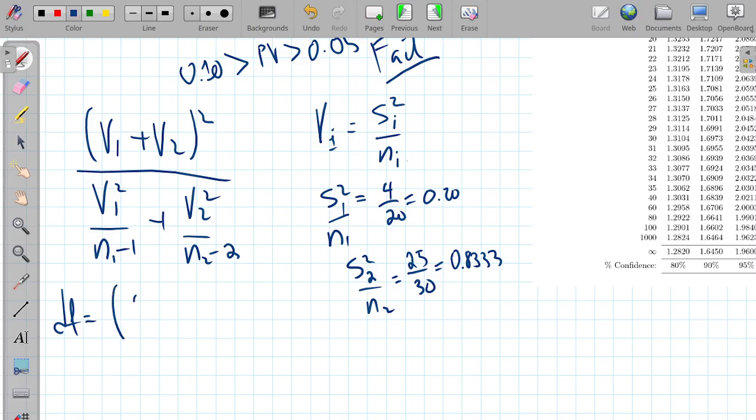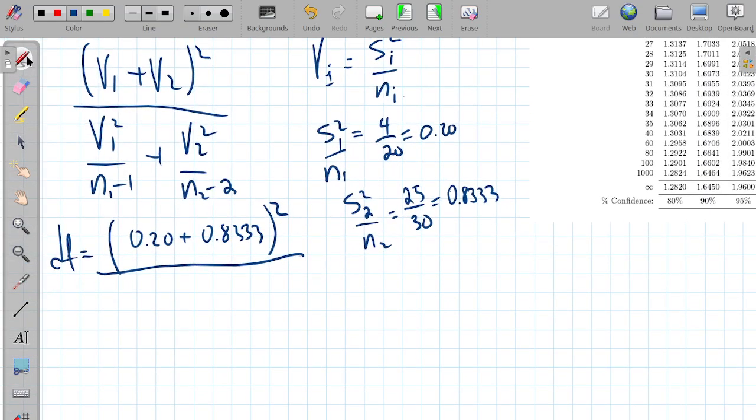V1 is 0.2, V2, 0.8333. We'll square that. And then we'll divide out. So here we have 0.20, we'll square it, n minus 1, so this is 19. Over here we got 0.8333 squared, and we'll divide this by 29.